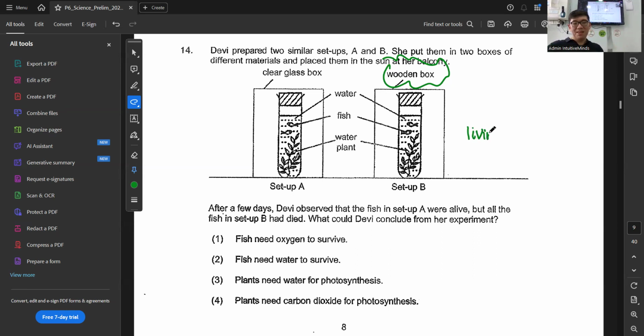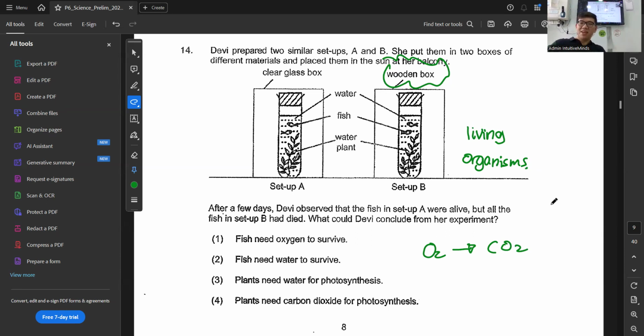Because plants are living organisms. All living organisms respire. What does that mean? It means everyone takes in oxygen and gives out carbon dioxide. Everyone who is a living organism, who is alive, takes in oxygen and gives out carbon dioxide, including plants.